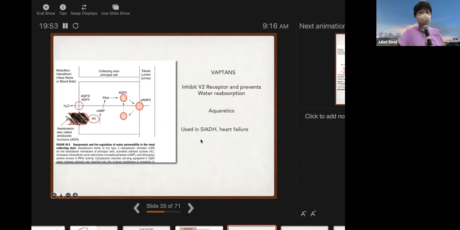So it's an aquaretic. This is good to be used in SIADH, especially the symptomatic ones, and of course for congestive heart failure. What is commercially available in the country is tolvaptan. Unfortunately, the price is very prohibitive. When it started, it was about 1,000 plus per tablet.